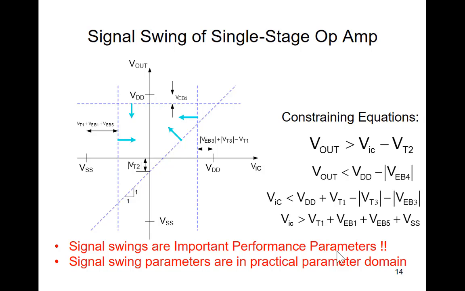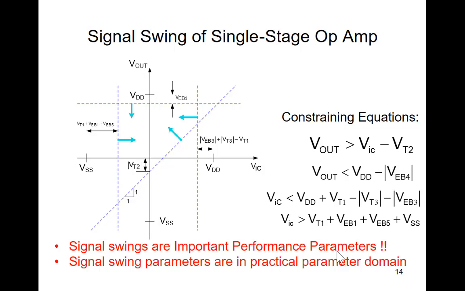Signal swings are also important performance parameters. What we looked at so far is the gain bandwidth product, the bandwidth, the slew rate. Signal swings are also important, aren't they? Quite coincidentally, those expressions for the signal swing happen to be in terms of the set of parameters we've been using, what I call the practical parameters.